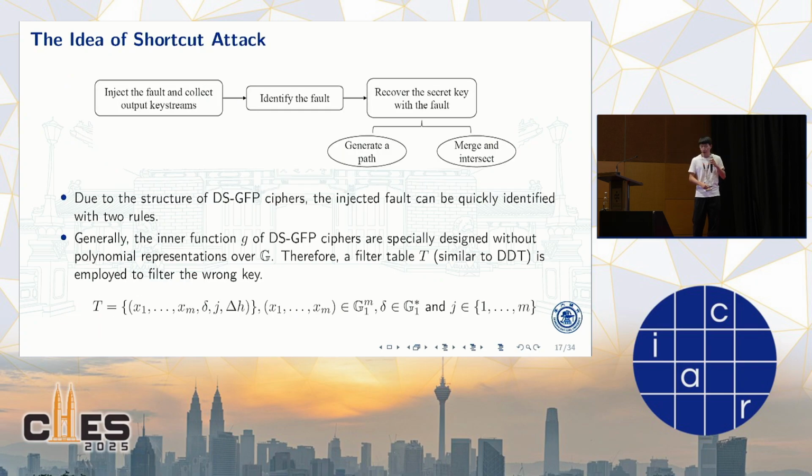Okay, our shortcut attack actually consists of 3 steps. This is also a common procedure for DFA. First, we need to inject a fault and collect the corresponding output key stream. The second step is to identify the fault, and finally, we need to recover the secret with the fault.